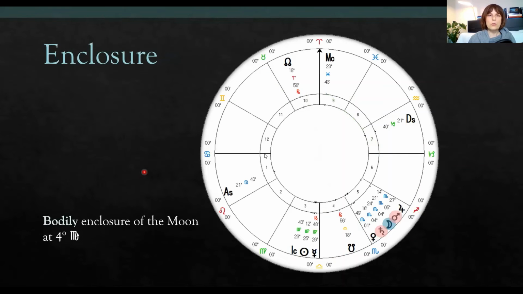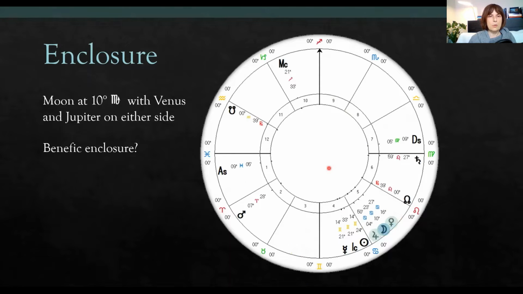I also wanted to show you a chart example of a bodily enclosure. This is actually much simpler to see, probably, even if we have to make sure that there is no intervention, that no other planet is sending its rays to break up the enclosure. And that's exactly what happens here.